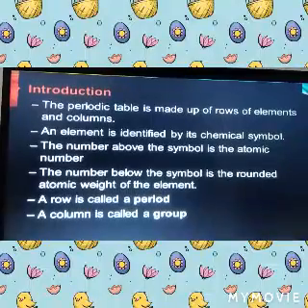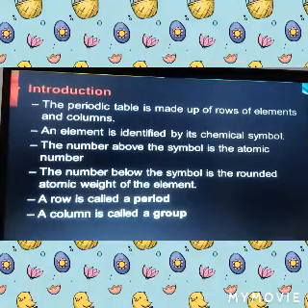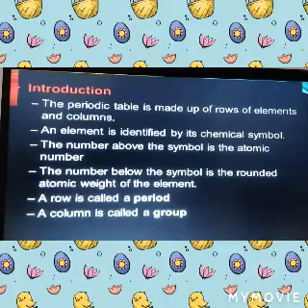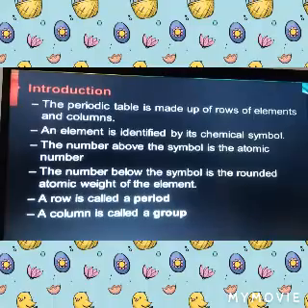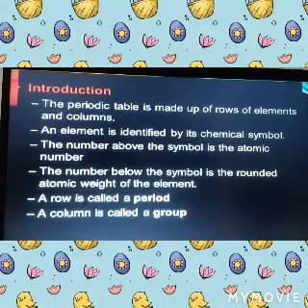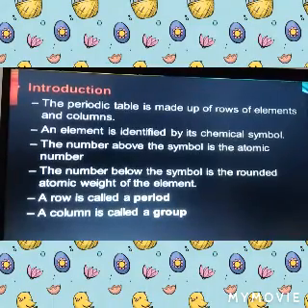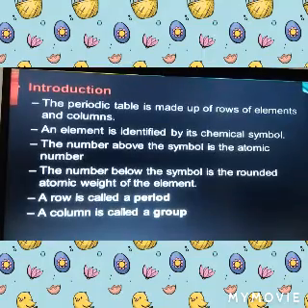Now, the periodic table is made up of rows of elements and columns. An element is identified by its chemical symbol. The number above the symbol is called the atomic number, and the number below the symbol is called the rounded atomic weight of the element. The atomic weight is always taken as a rounded figure, not in points. The row is called a period and the column is called a group.